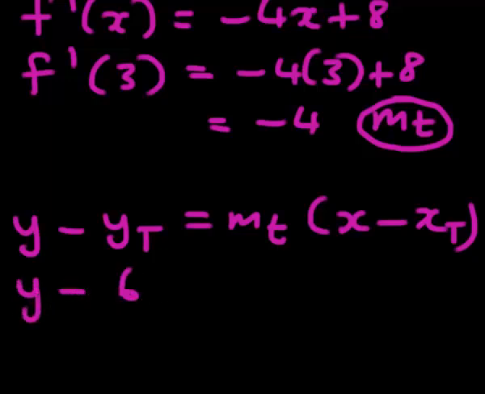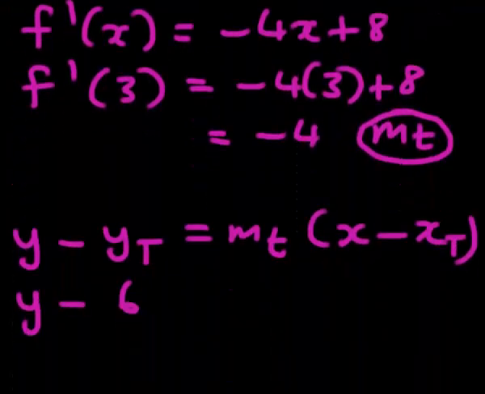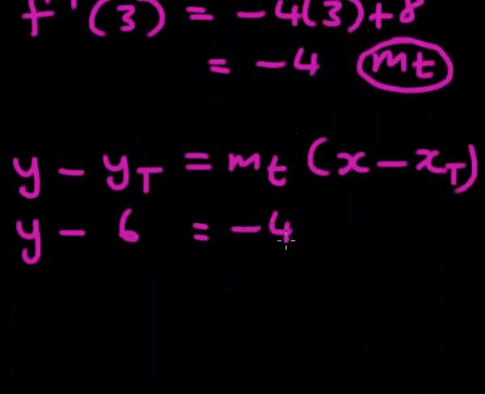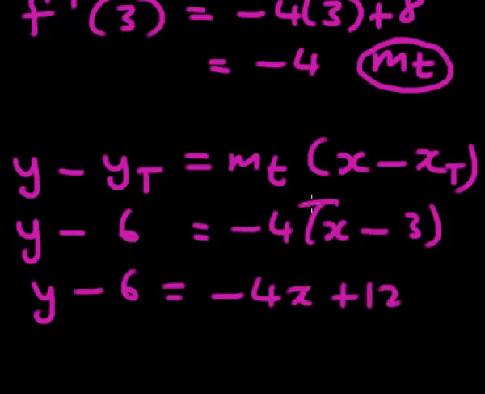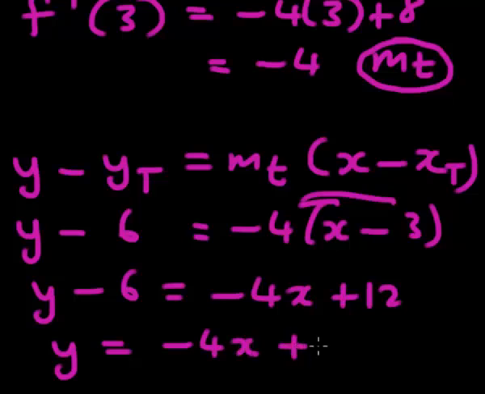Let's check it again. There, we've got it. And the gradient is negative 4, times x minus the x of T, which is 3. So y minus 6 will be negative 4x plus 12 if you multiply out, and bring that negative 6 to the other side, we get y equals negative 4x plus 18. That is the equation of the tangent to the curve.